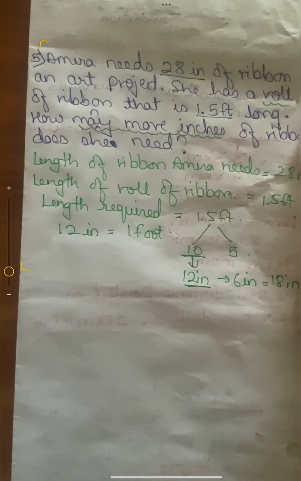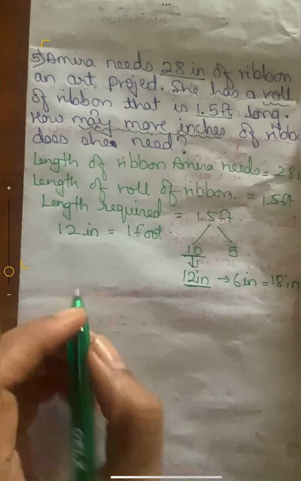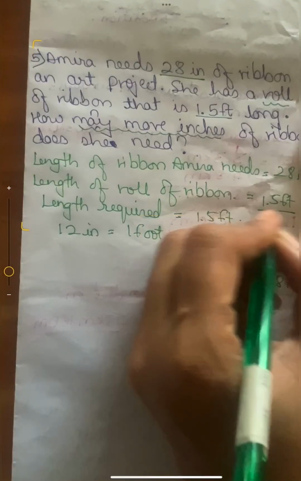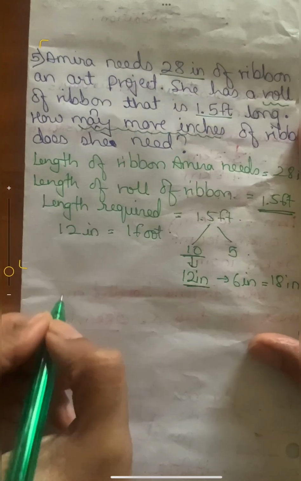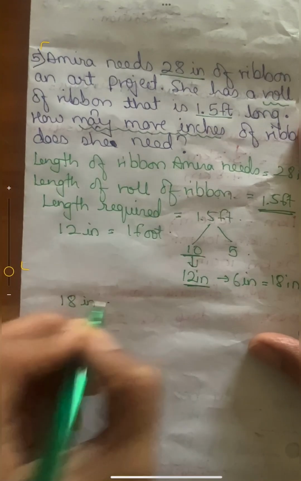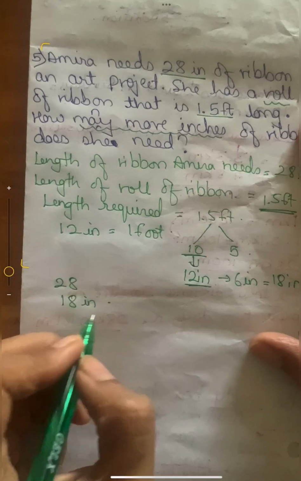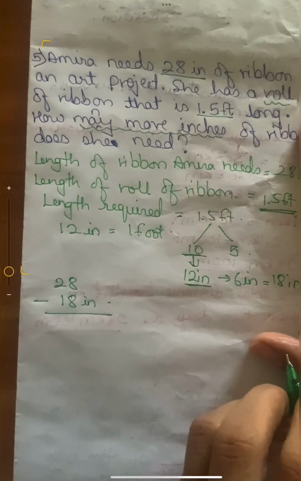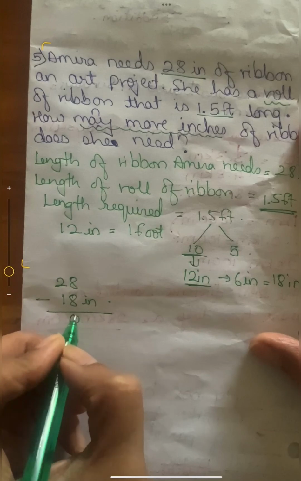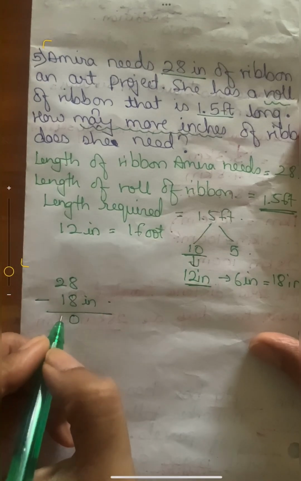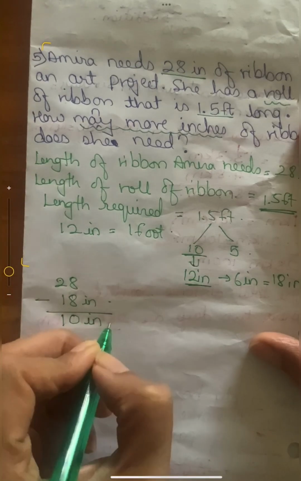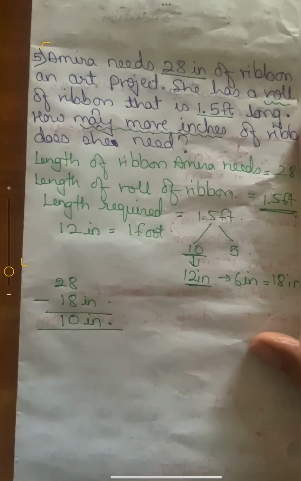Therefore, the roll of ribbon that she has is 18 inches, and 28 inches is what she needs. So simply I have to subtract. 8 minus 8 is 0. 2 minus 1 is 1. So that is 10 inches that Amira will need.